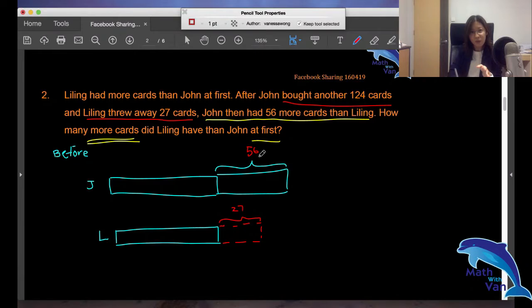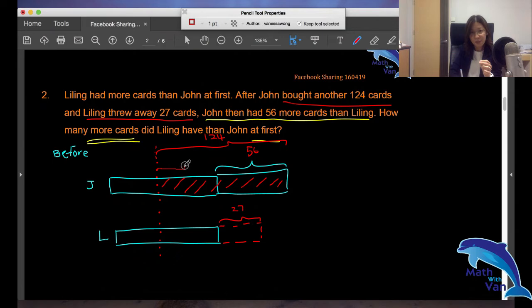Again, 124 is more than 56. So I know that this will be the portion that I need to cut into. Here I will need to take away a total of 124. Looking at a part-whole, if from this point all the way to this point is 124, what about this?